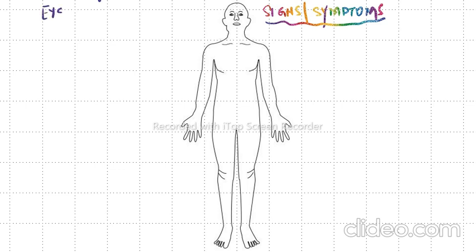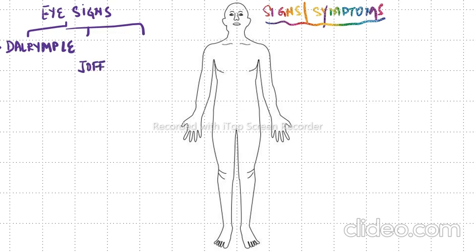Let's look at the eye signs first. There are many eye signs. The three most important are Dalrymple, Geoffroy's, and Von Graefe's. In Von Graefe's, you will get the lid lag of the eyelid.